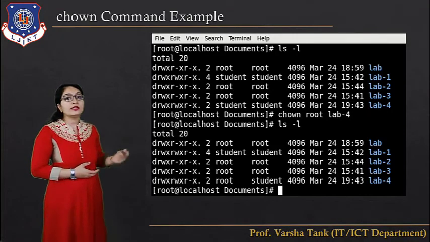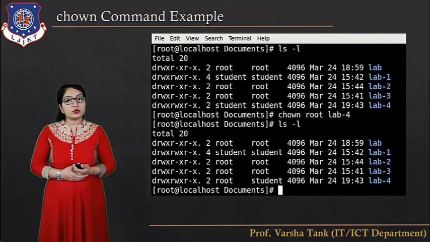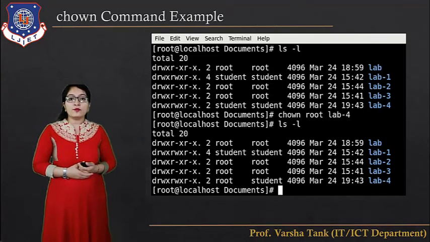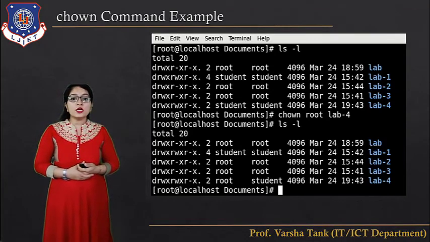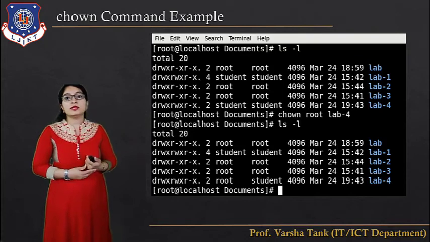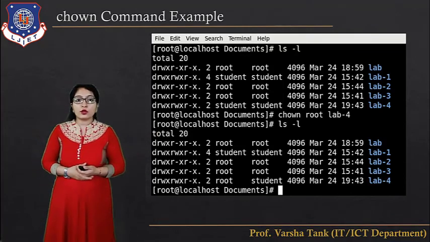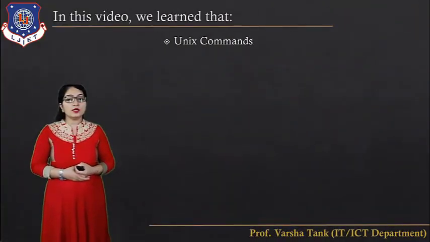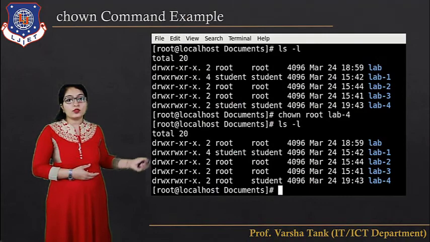After that you write the command chown root left4. Here the owner of left4 is student, so it will now be defined as root because we have changed the owner of left4. Here you can see root is the owner for left4.